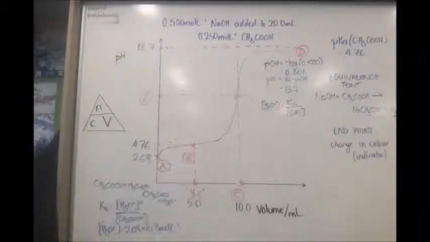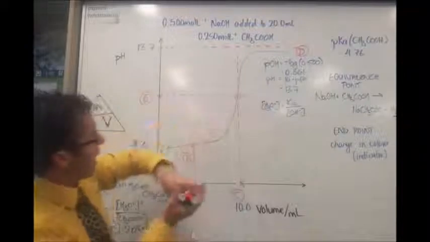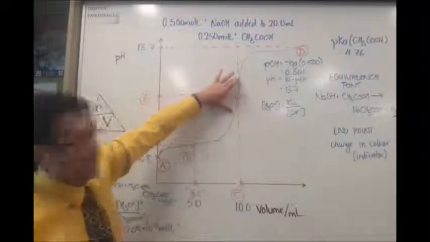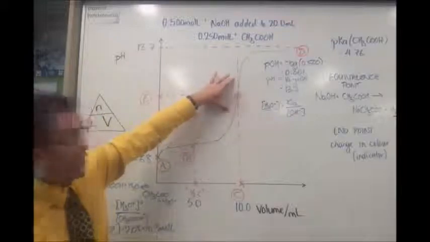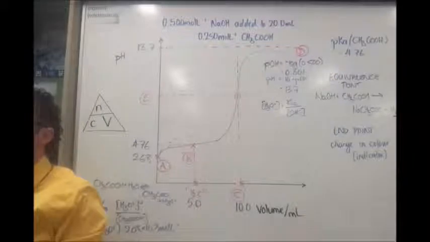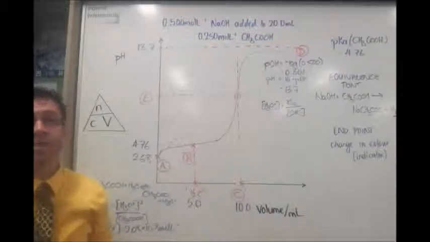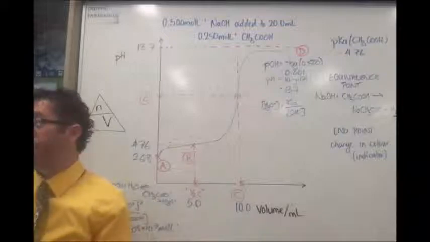So what we have to do is choose an indicator which has a pKa in this absolute steepest part here. You get quite a big range of pHs, but you need an indicator with a pKa in it, because indicators themselves are weak acids. One colour is the weak acid and one colour is the conjugate base.